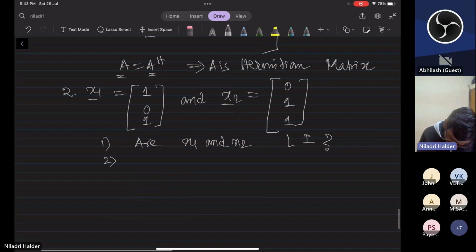And the second question is, are they orthogonal?